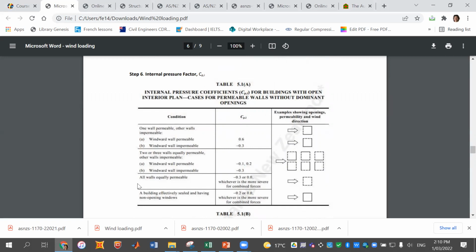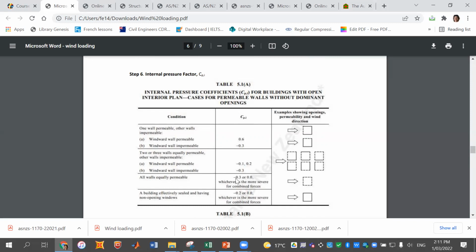So for example, if all walls are equally permeable for your building, the factor CPI would be minus 0.3 or 0.